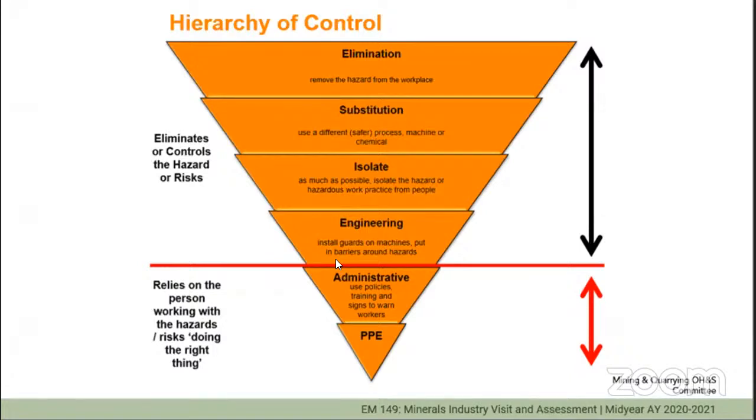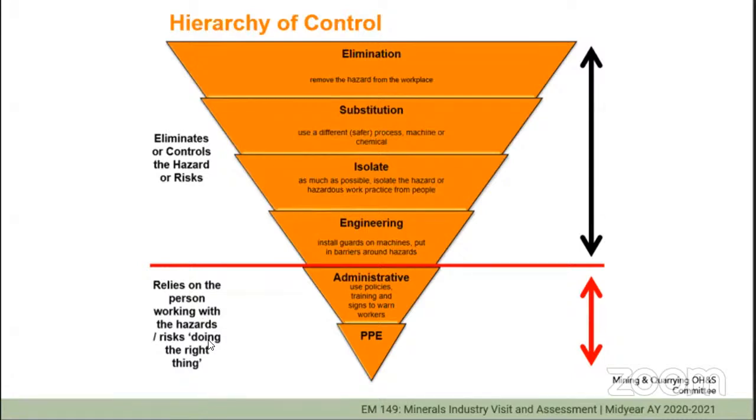These four control measures we just discussed eliminate or control the risk or the hazard. The two portions at the bottom are different. We have the administrative controls and the PPE. These two rely on the person working with the hazards or risks to do the right thing.